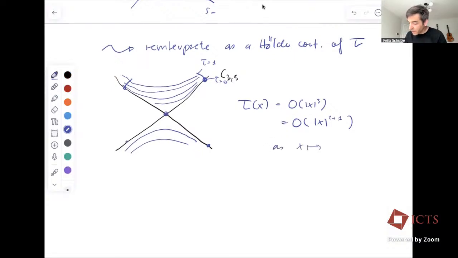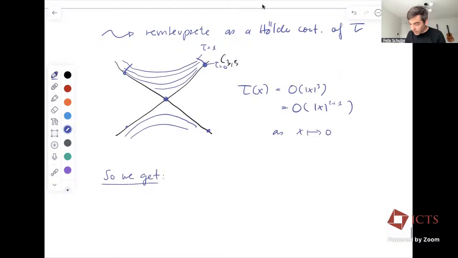We want to understand how this foliation behaves close to the singular set. So this is a simplified model. So what do we get?